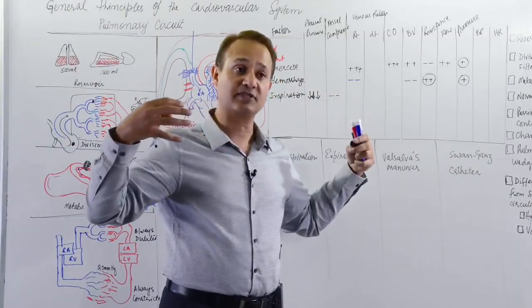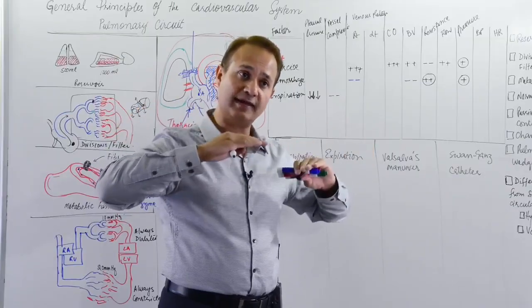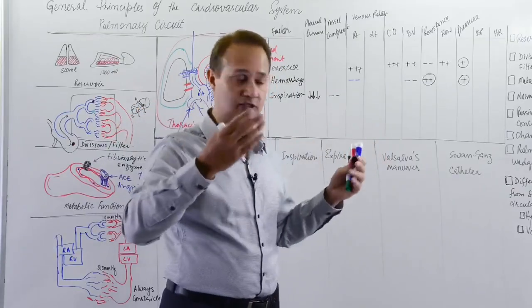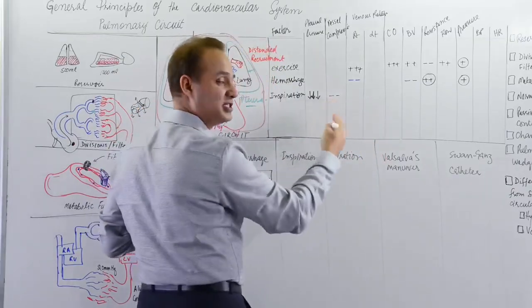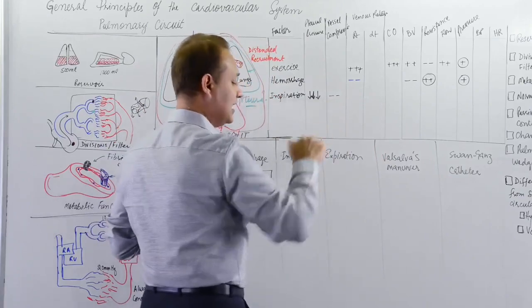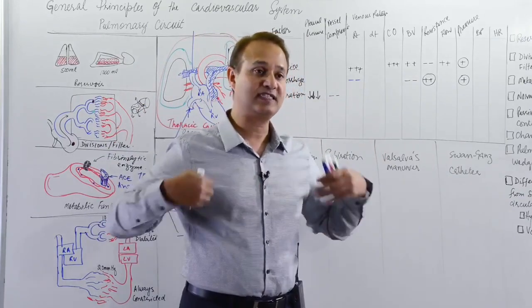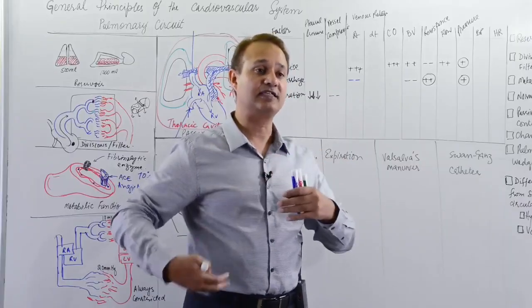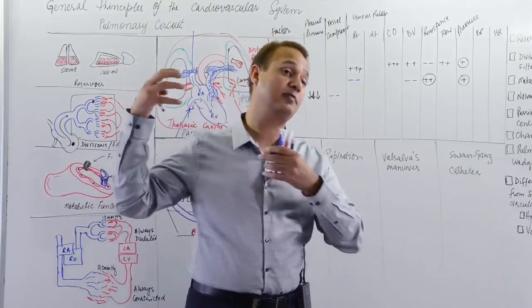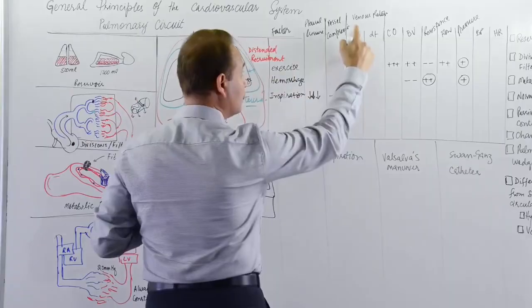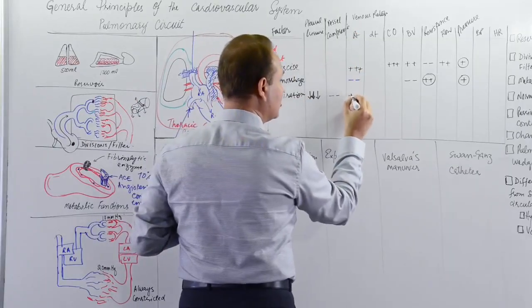So vessels will become distended, and the shutdown or collapsed vessels will become open. So that is recruitment. So vessel compression will become negative. Now what happens? The blood will be sucked into the thoracic cavity from the body. So that is the inferior vena cava and superior vena cava. Blood will be pulled in. So venous return on the right side will increase.